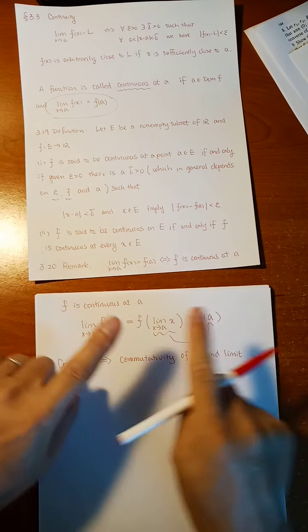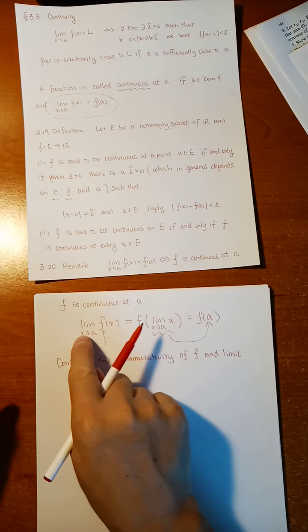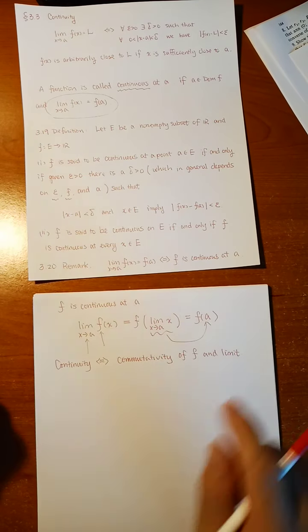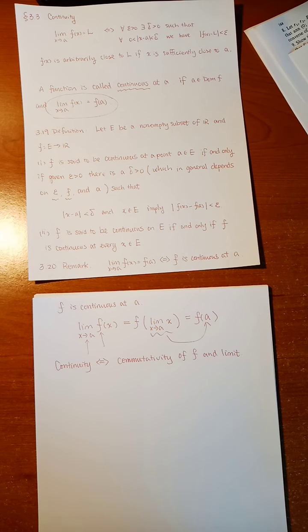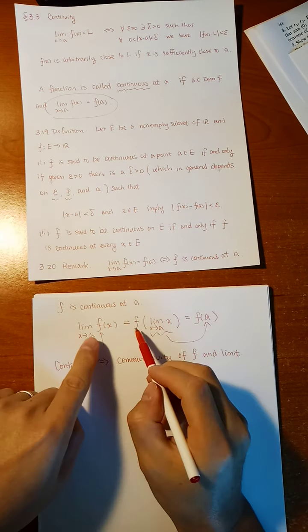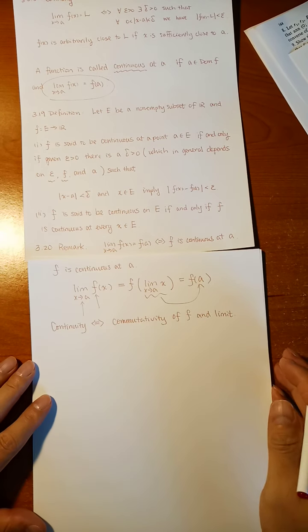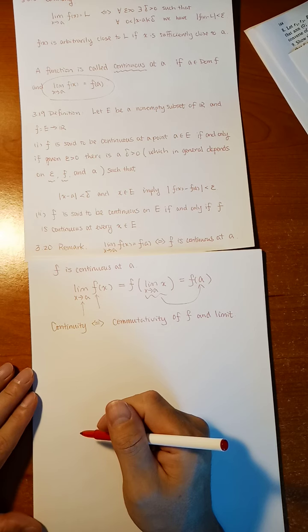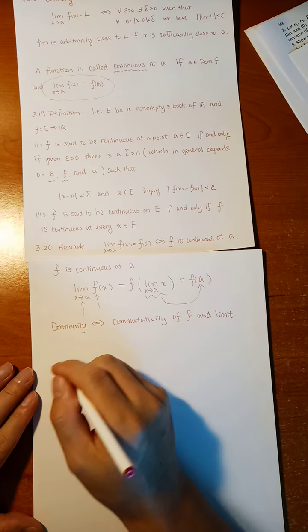If f can commute with the limit, then it is continuous. If f cannot commute with the limit, it's not continuous. Okay, so you can exchange the order. All right, so that's the meaning of continuity.